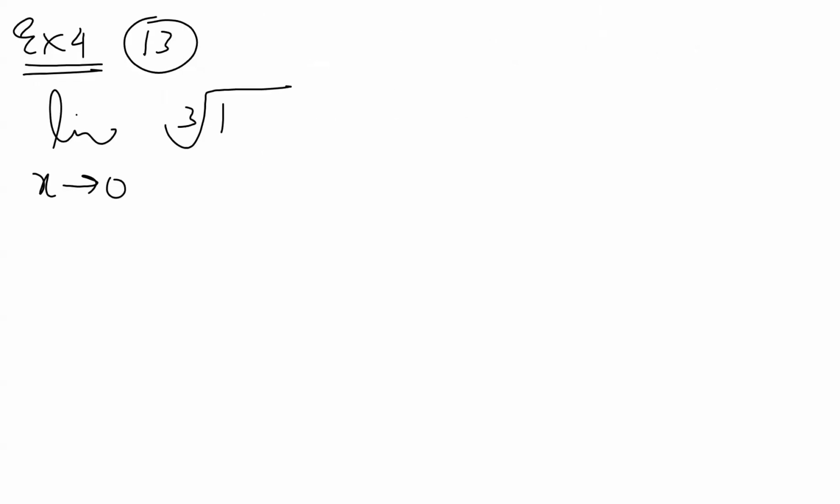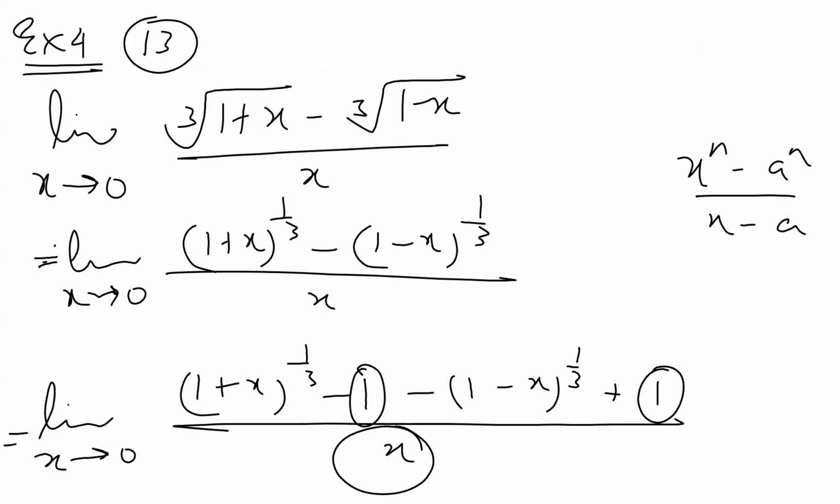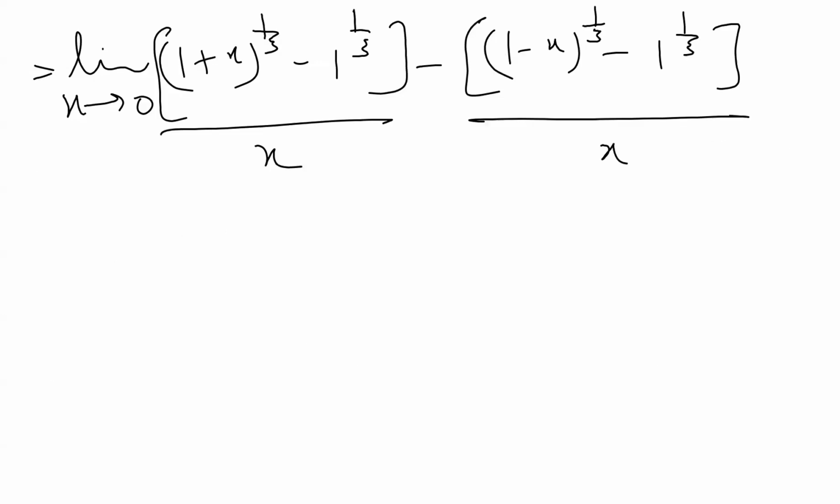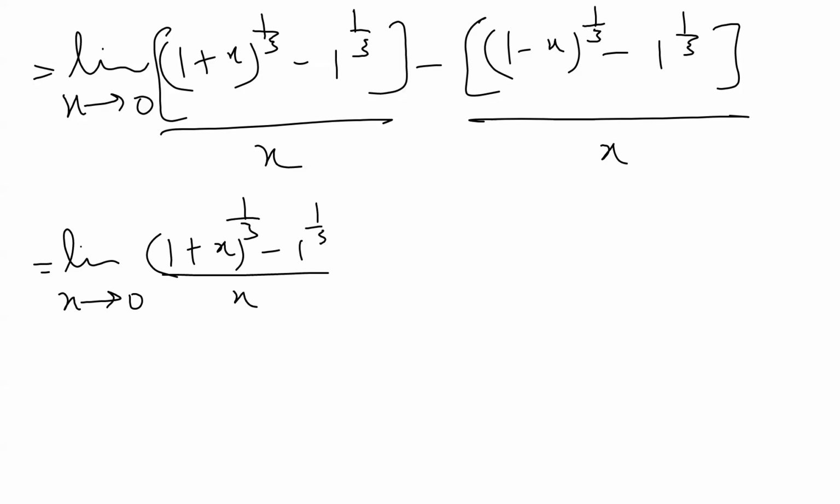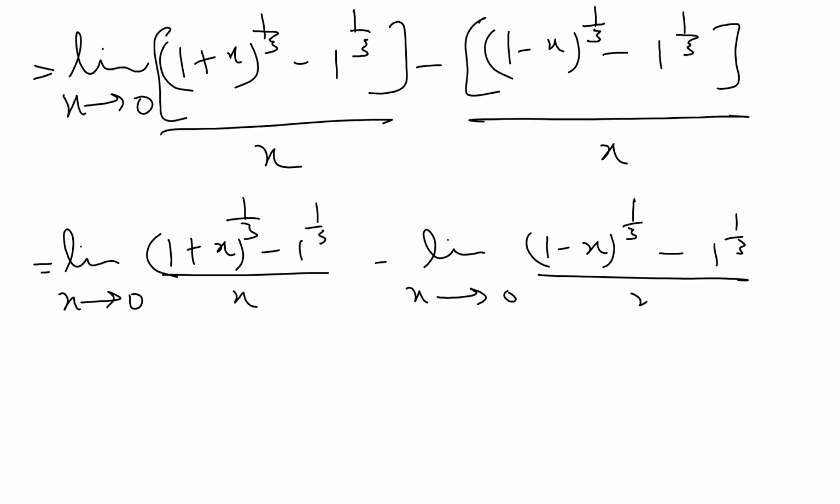This x I'm splitting. So limit x approaching 0, (1 plus x) raised to 1 by 3 minus 1 raised to 1 by 3 upon x, minus limit (1 minus x) raised to 1 by 3 minus 1 raised to 1 by 3 upon x.